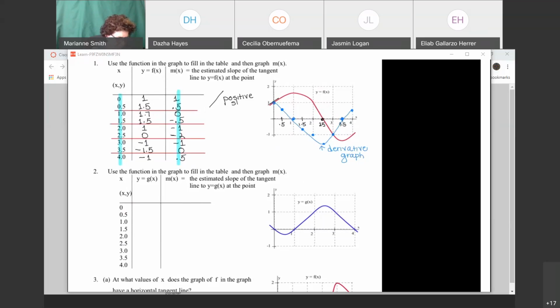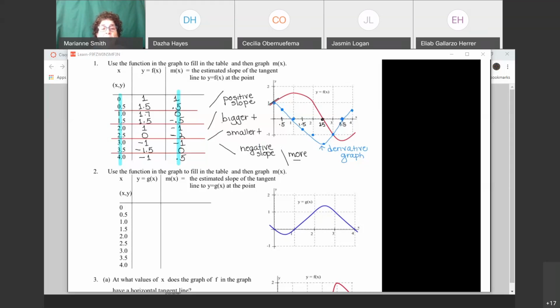This is a bigger positive slope. This is a smaller positive slope, right? Then you've got negative slopes. And this is a more negative slope. Get the general idea of how I'm getting the slopes.